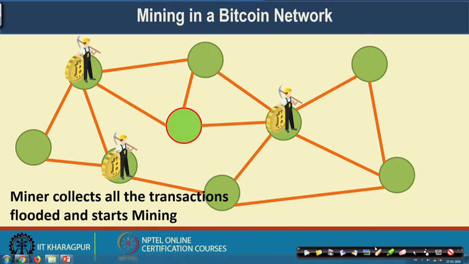Now, the miners collect all the transactions from the network which have been flooded within the last 10-minute duration that I have mentioned, they construct the new block if the transactions are not already included in the most updated blockchain, and they can start mining.